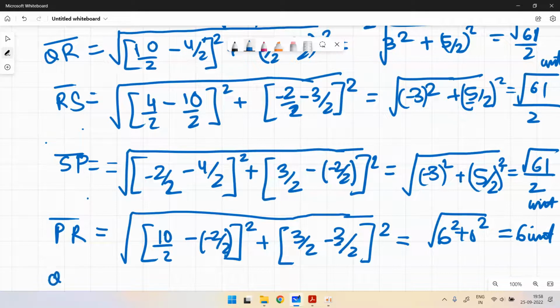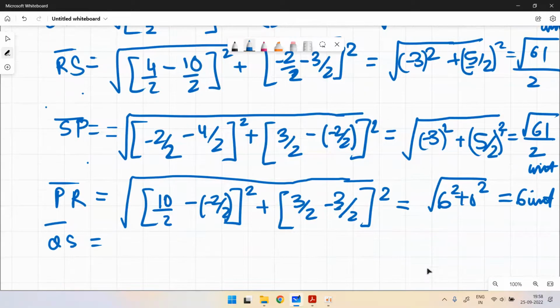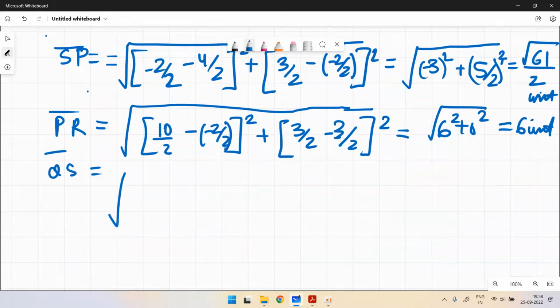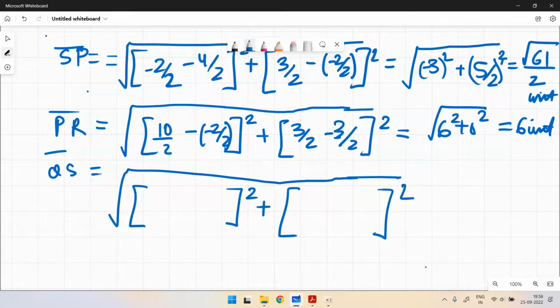And if you calculate QS, so QS is given by, P was like this.